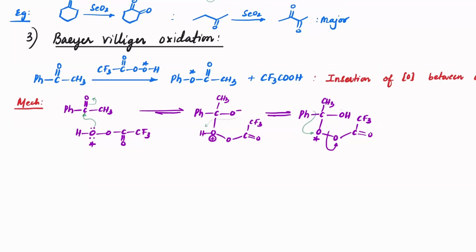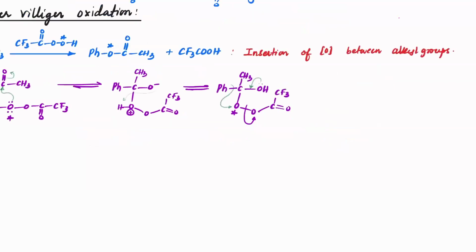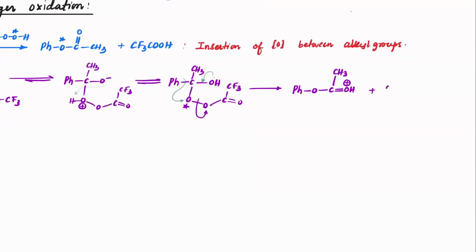That is when the lone pair of oxygen will push the electrons here. And this is exactly what happens. So we will get PhO connected with C double bond OH plus and CH3, and the bond which has broken will be O minus C double bond O CF3. That's how it broke. And this O minus will take H plus from here. That results in PhOC double bond O CH3. So an ester is formed.